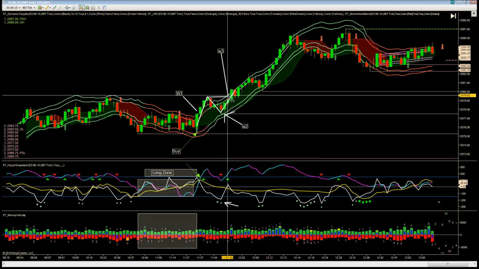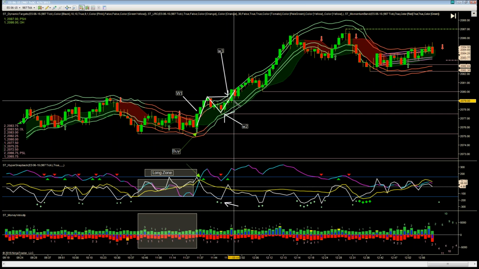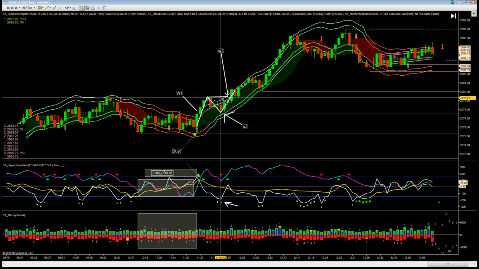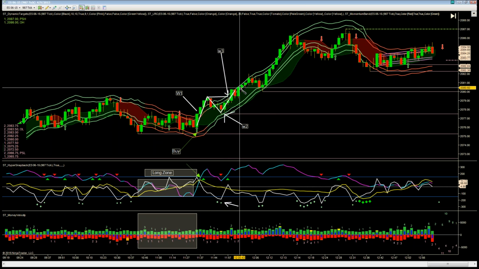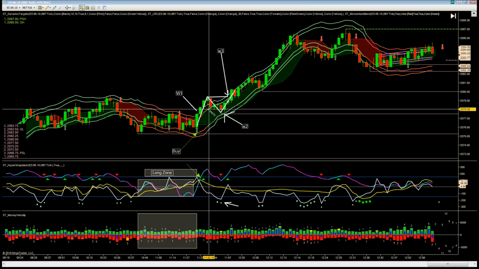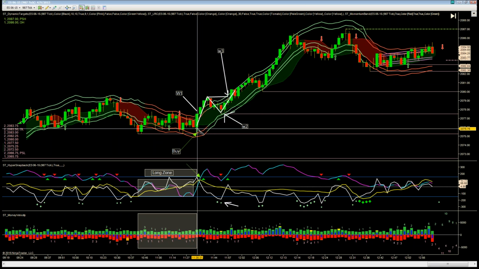So it does break the height of wave 1, and this is your wave 3. Now looking back, you can add on to contracts if you started here.